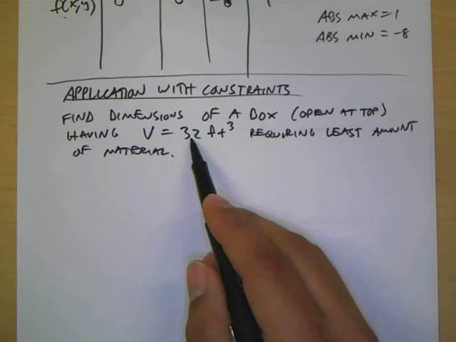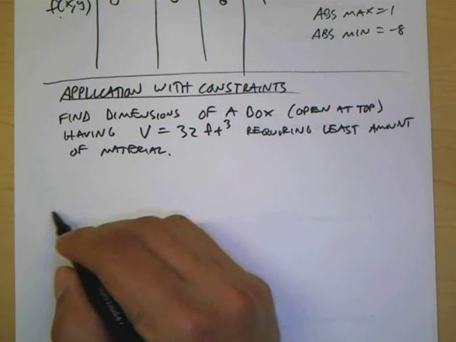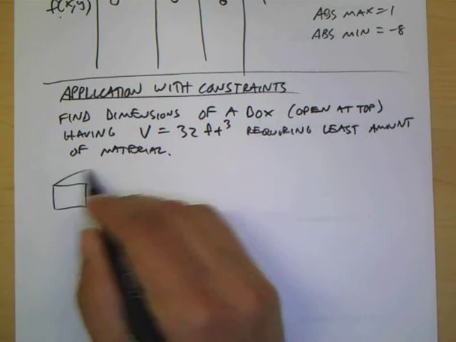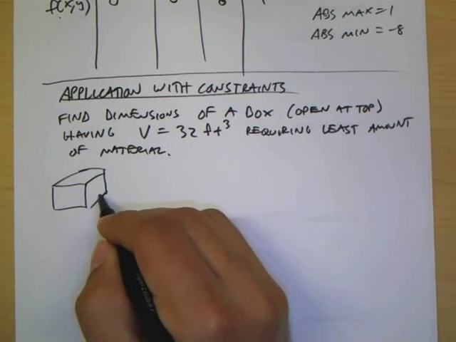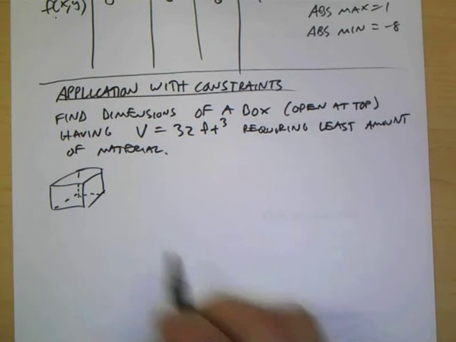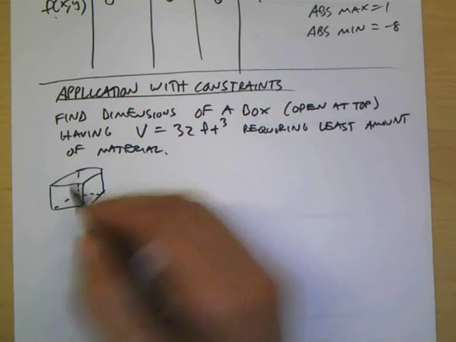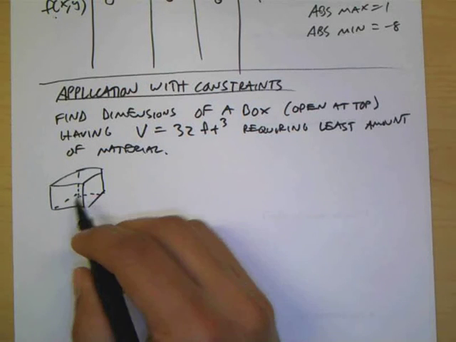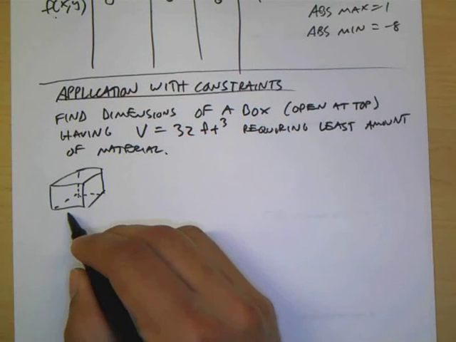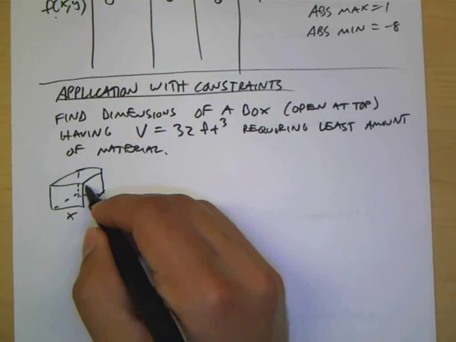We know the volume has to be 32, so let's draw a picture in case you forgot what a box looks like. If we position the box, well, actually, we don't even have to position it. Why don't we just call the length, width, and height x, y, and z.